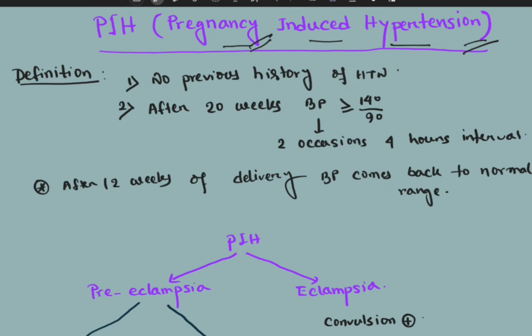So suppose a pregnant female comes to you for her first follow-up at 12 weeks of pregnancy, and you check her BP and find that her BP is 150 by 90 at 12 weeks.